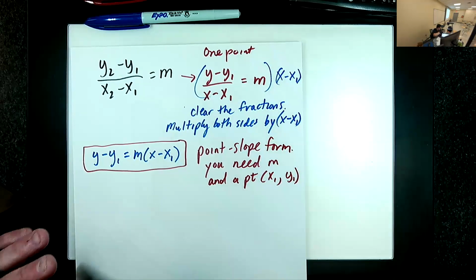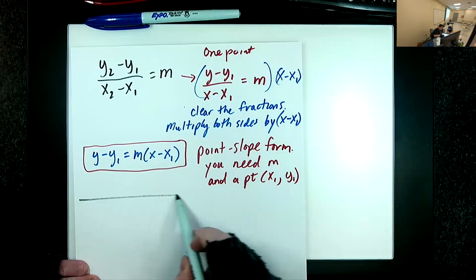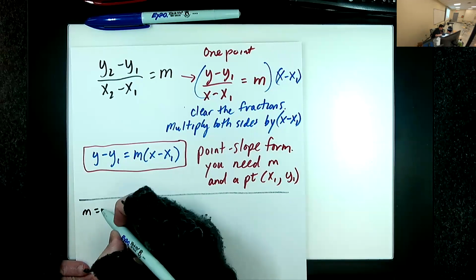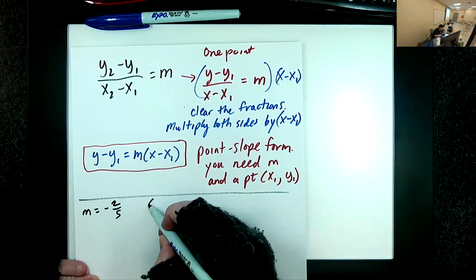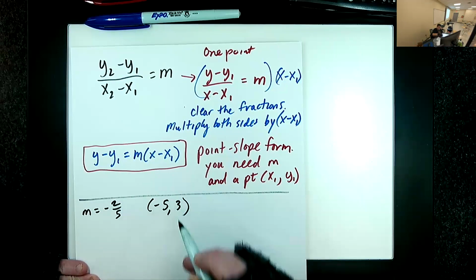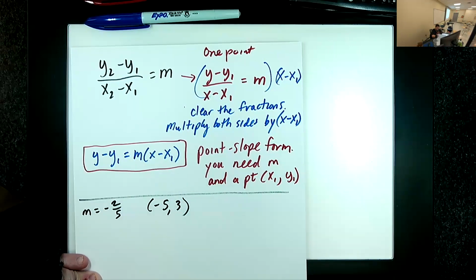Let's give this a try with the one we just did. We had m equals negative 2/5, and we had the point negative 5, 3. What did I get negative 5?